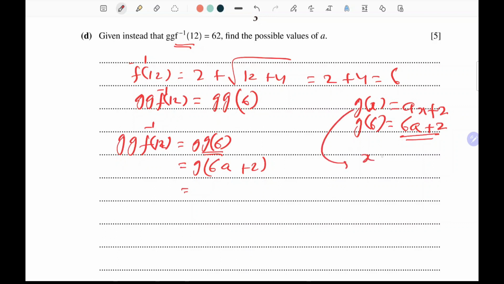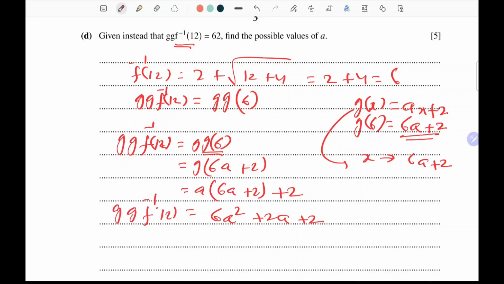So again, change x to 6a plus 2 in this, right? So what will you get? a times x, which has changed to 6a plus 2, and we have plus 2, right? Now this is 6a squared, and that's 2a, and that's 2. So this is g of f inverse 12. That's great. And this value we have over here, that's 62.